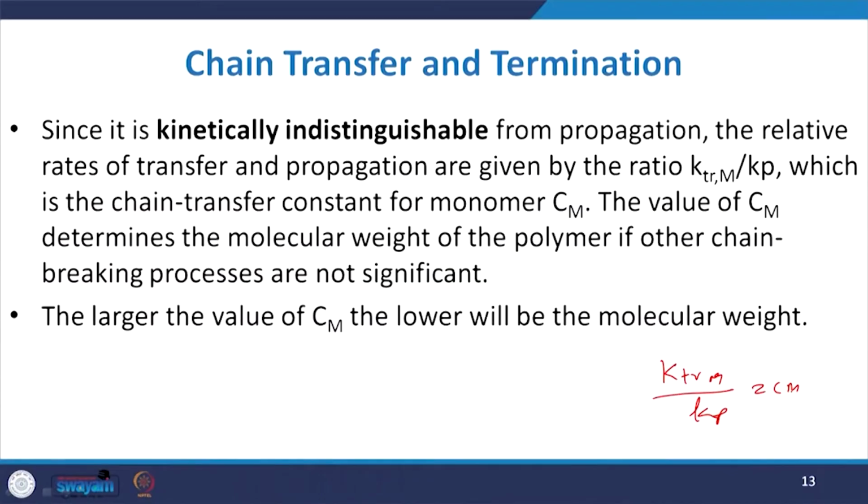The value of Cm determines the molecular weight of the polymer if other chain breaking processes are not significant. So again your molecular weight distribution plays a vital role. The larger the value of Cm, the lower will be the molecular weight. It is quite obvious from this particular mathematical equation.